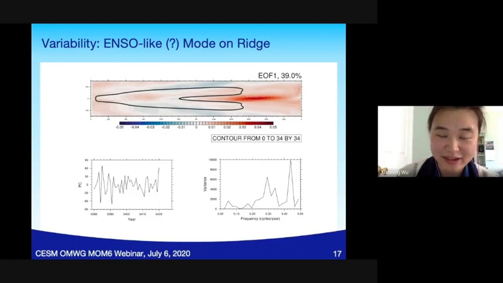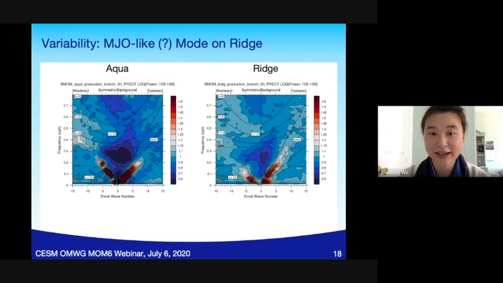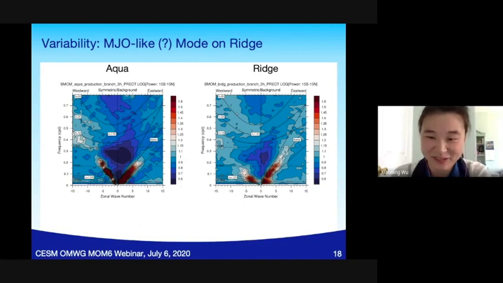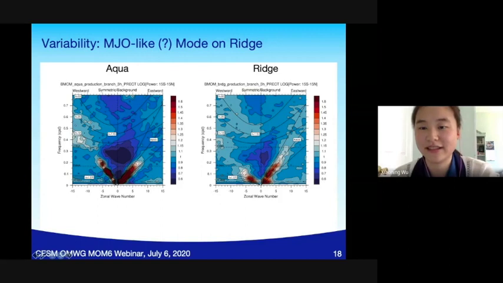Another aspect of variability on the atmospheric side is the seasonal to subseasonal variability, one of the dominant modes being the Madden-Julian oscillation. I guess this is probably less familiar to most oceanographers, but this is showing a spectrum of equatorial modes, taken between 15 degrees north and south, looking at high frequency, meaning 3-hourly precipitation.